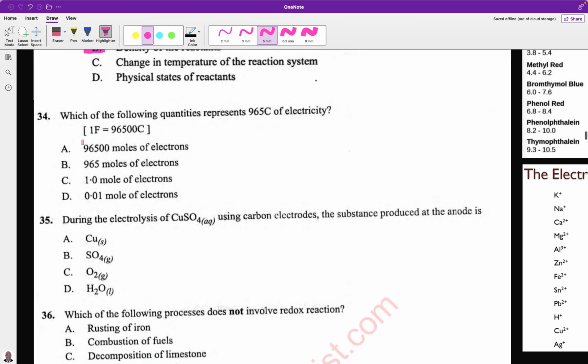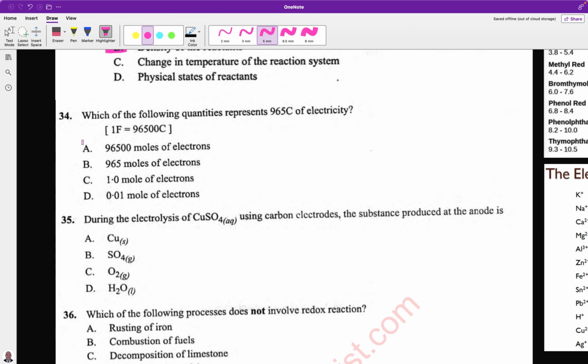Question number 34. Which of the following quantities represent 965 coulombs of electricity, if one Faraday is equal to 96,500 coulombs?